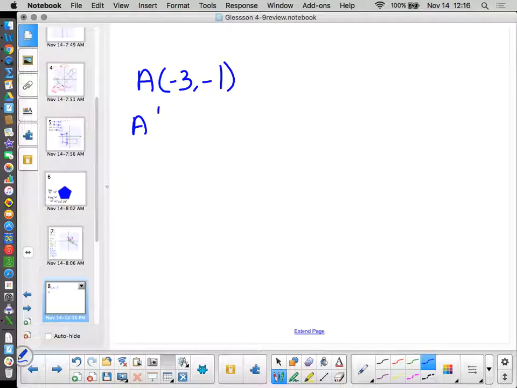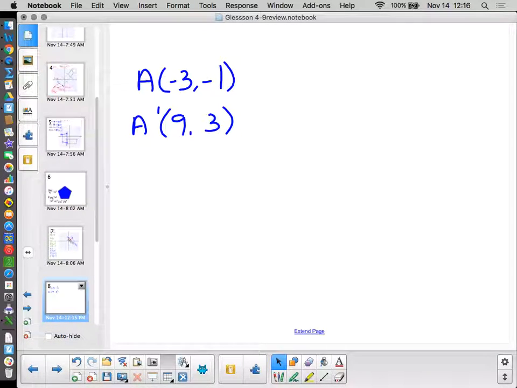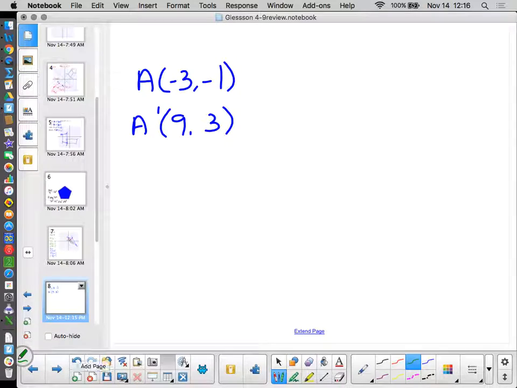And A primed, the image of A, is at 9, 3. When I look at that, did I multiply both coordinates by exactly the same number? What number is that? -3. So I can tell you this is a dilation, K equals -3.